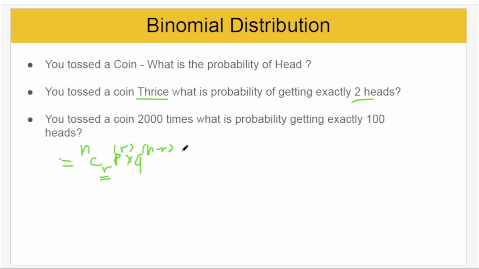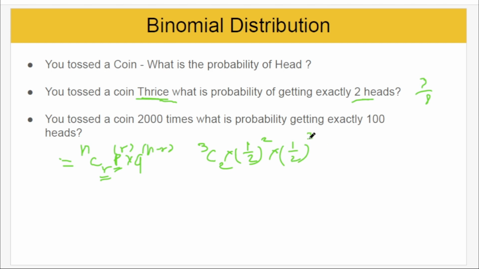Now we will plug in the values to get the answer. Coin thrice, 2 heads. We expect it to come around 3 by 8; we will check. The probability is 3 choose 2 into the probability of success, which is P, 1 by 2, raised to how many successes we want, 2, into the probability of failure, 1 by 2, raised to n minus r.